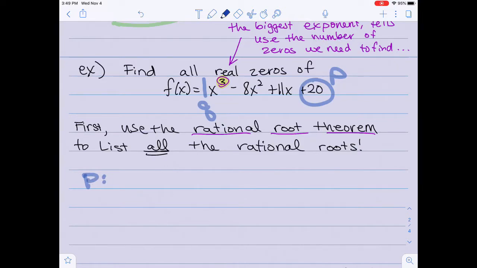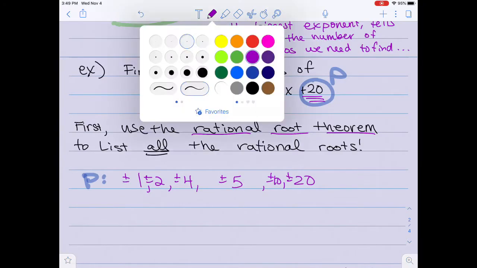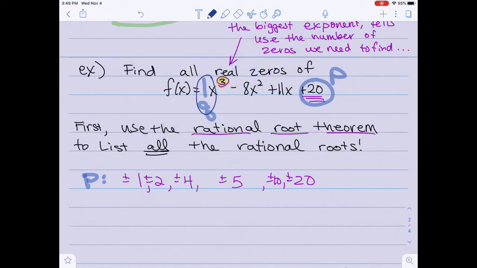So we list our values of P for the factors, and we say plus or minus the factors of 20. So here we go: 1 and 20, 2 and 10, 4 and 5. And then our factors of Q are just plus or minus 1.